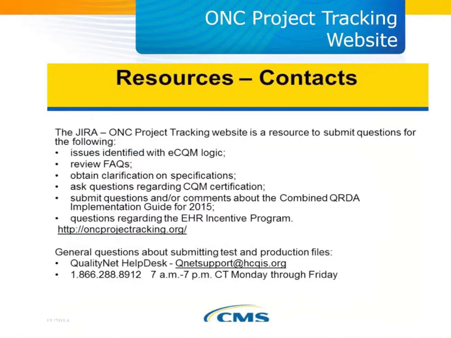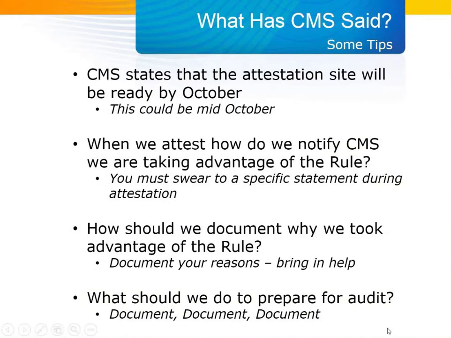And they said they are going to be training the auditors. In fact, I wrote down her exact words. CMS states that the auditors are getting training on what to look for to meet the flexibility ruling. So they are training those auditors on what to look at. That documentation is going to be very important. They didn't say what's going to happen if you fail. They didn't make that comment, so I have no idea.